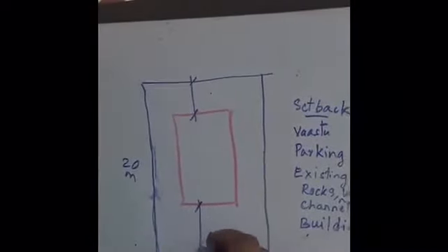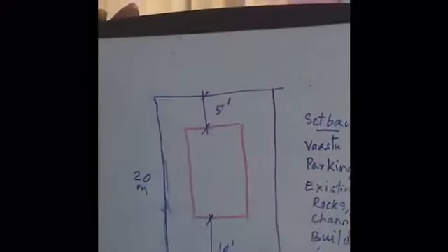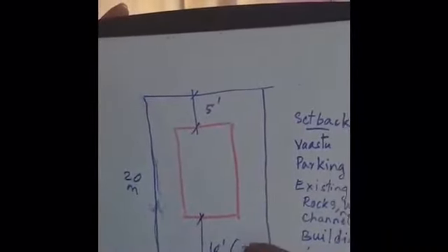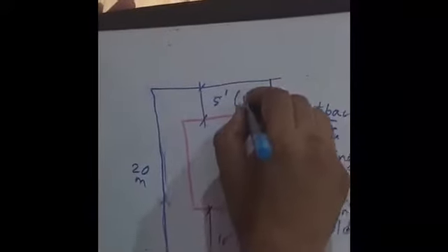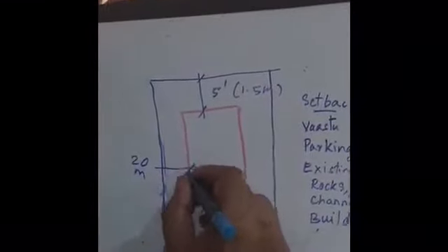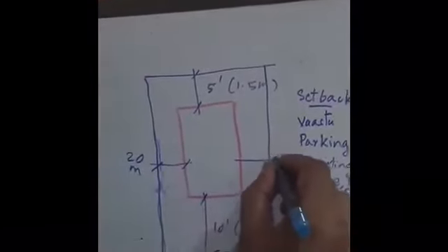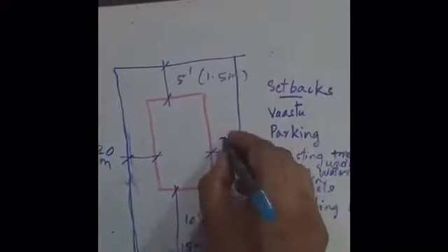Now the building bylaws say the front setback should be larger than the rear setback. And in residential areas, most of the time it's 10 feet and the rear is 5 feet. 10 feet means 3 meters. This is 1.5 meters. And then minimum requirement, because it's a one floor building, we say 5 feet on both sides.